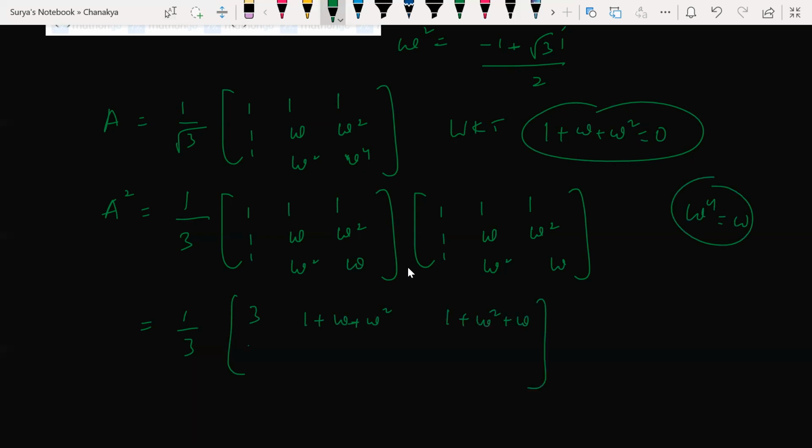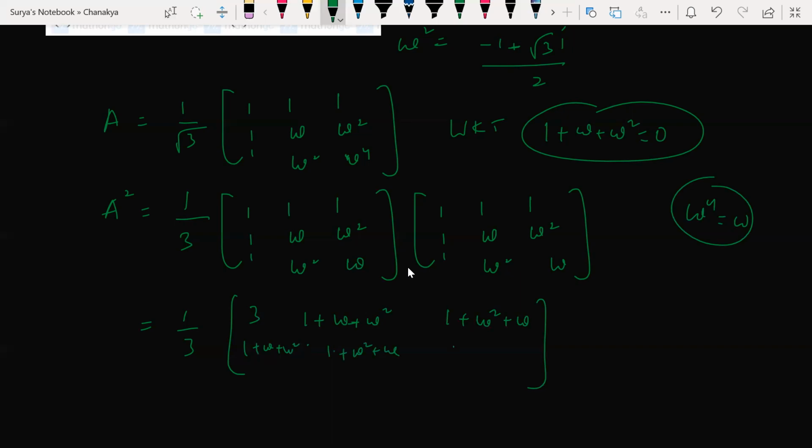So again here, 1 plus omega square plus omega, plus omega square. Let me write neatly. 1 plus matrix multiplication. Here 1 plus omega square plus omega again.